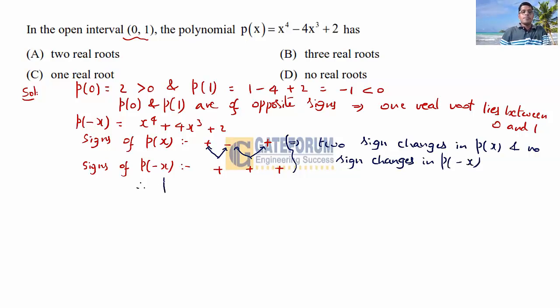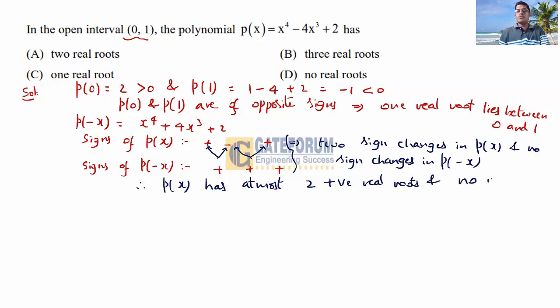Therefore, P of x has at most two positive roots, roots meaning real roots, and no negative roots. From this statement, we cannot decide between two real roots or one real root, because they are asking in 0, 1.